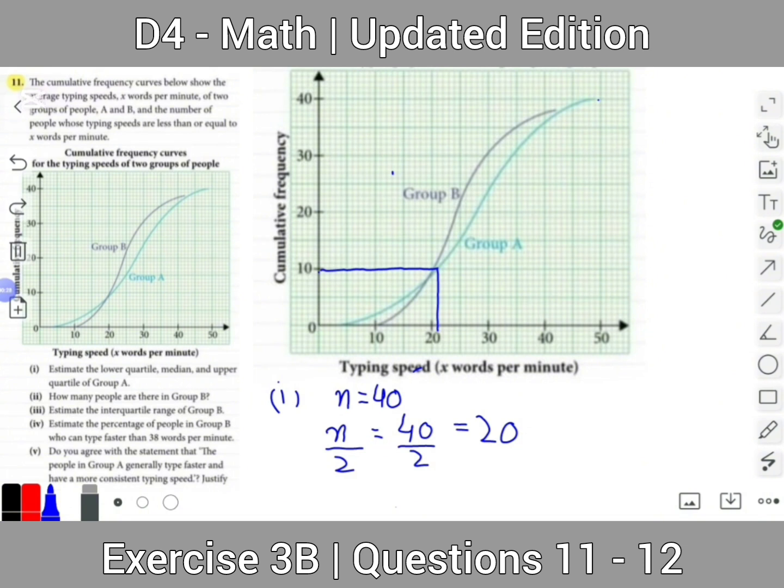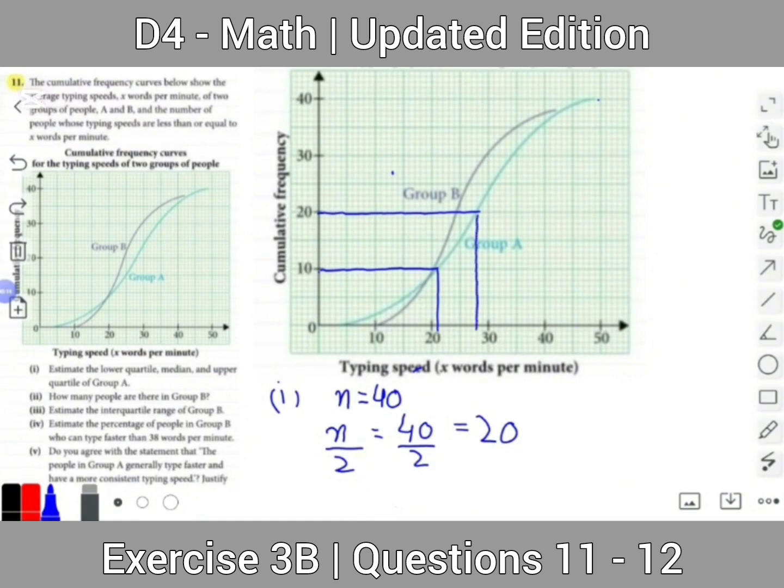From 20, we will draw a horizontal line until it touches the cumulative frequency curve representing group A. Now from the point of intersection on the curve, we will draw a vertical line until it touches the x-axis.